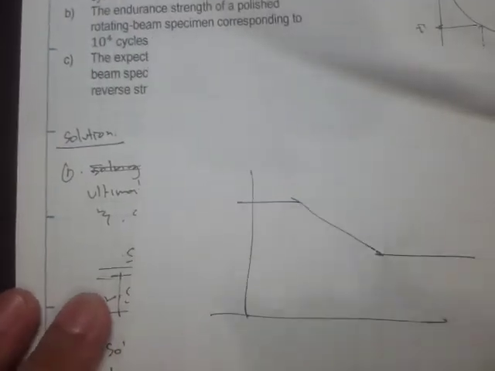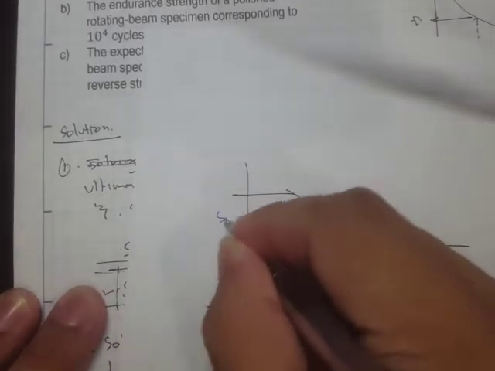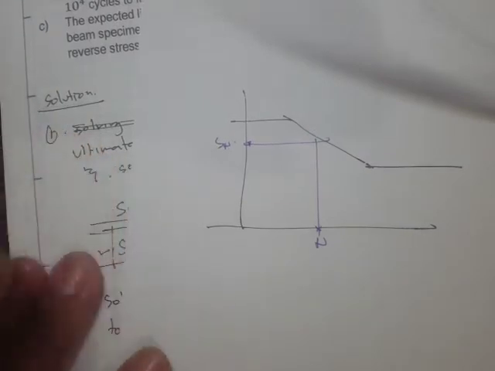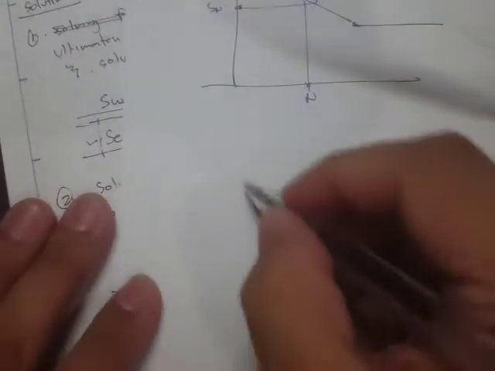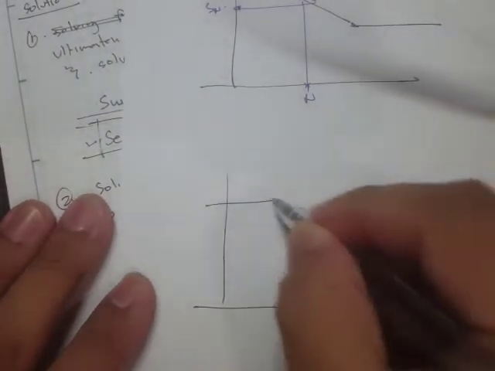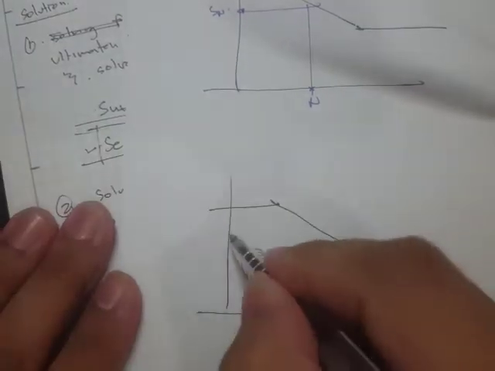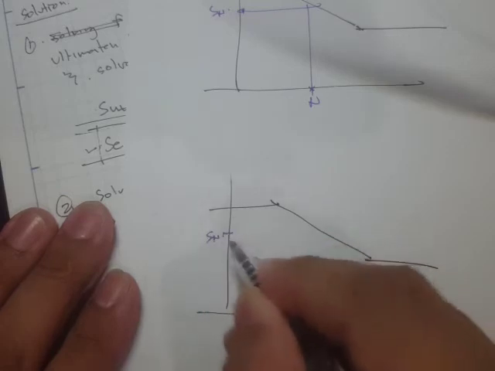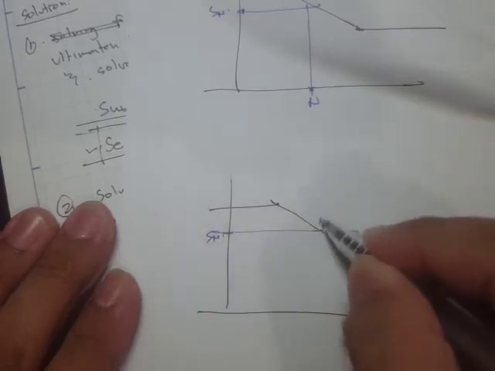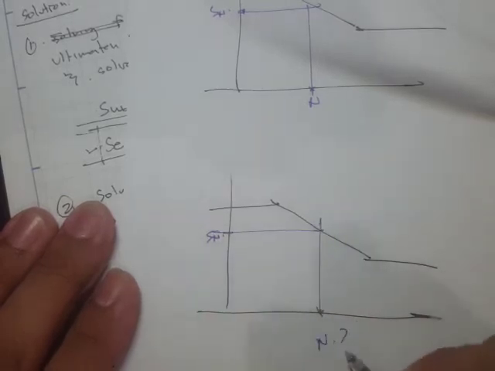If for letter B, we are given this N value, and we are to estimate the strength, for letter C, right, so for letter C, it's like this. Given this strength or this stress value, what's gonna be the number of cycles, right? So it's just the other way around.